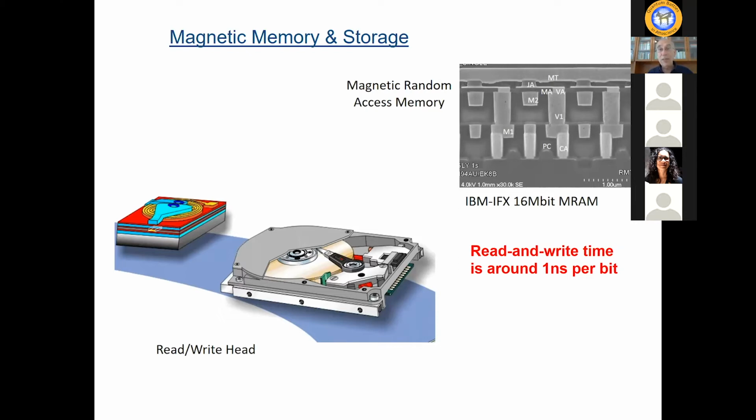As you know, in recent years, these magnetic devices have largely been replaced by so-called solid-state drives, SSDs, that do not work with magnetism, but they are of a similar speed. So it's again around nanoseconds per bit.